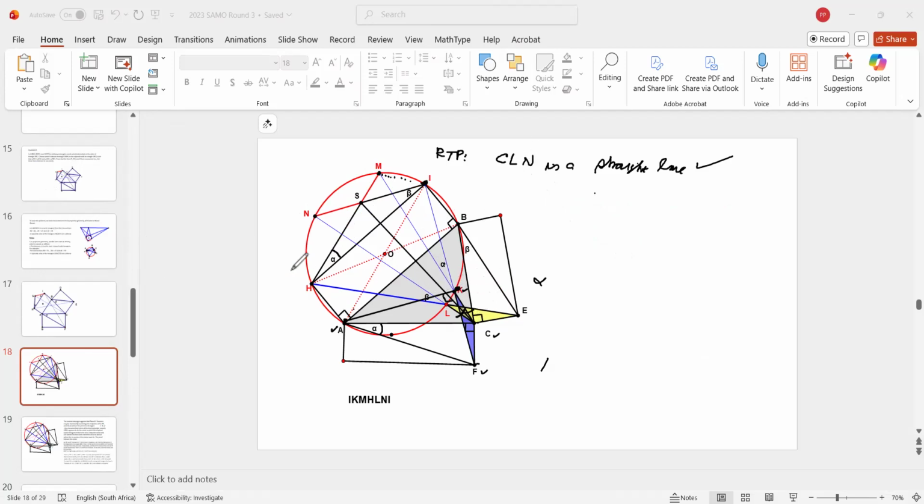Let me just wipe out all these other things that I have done here. Right. Now I'm ready to show that CLN is a straight line. So let's look at CLN.